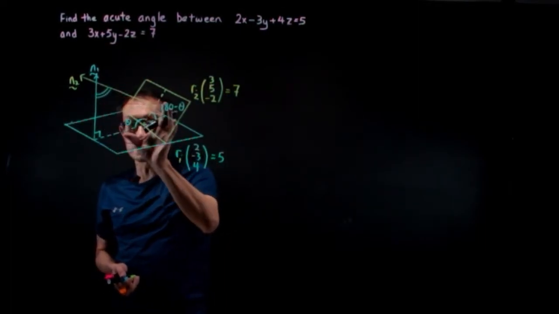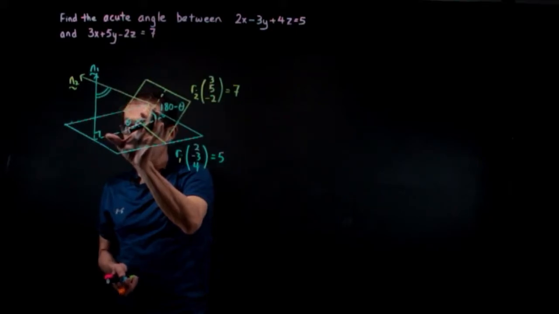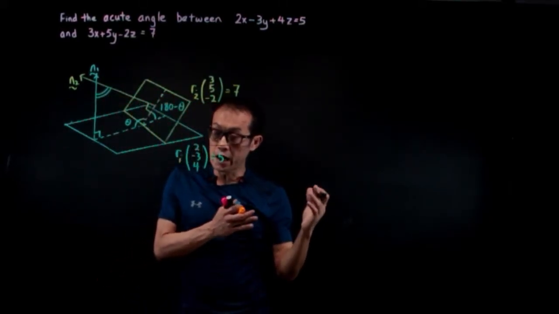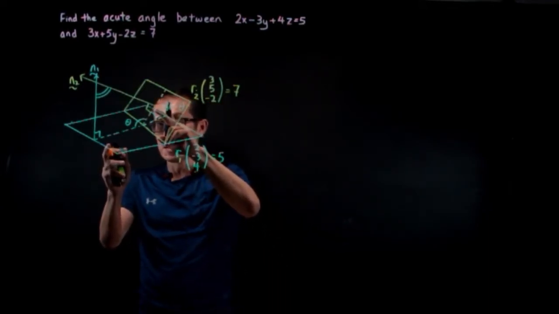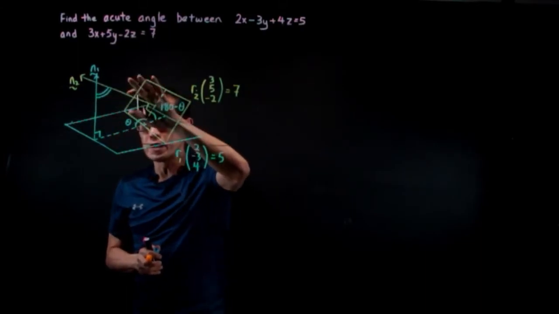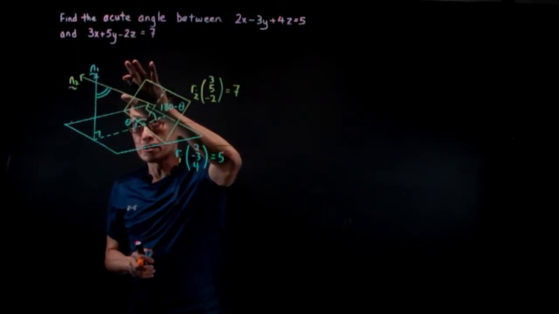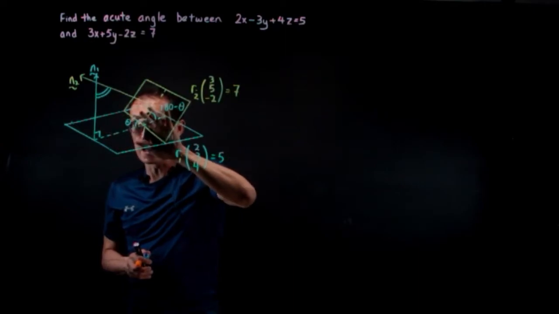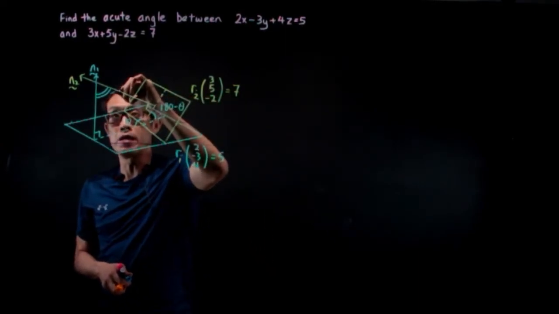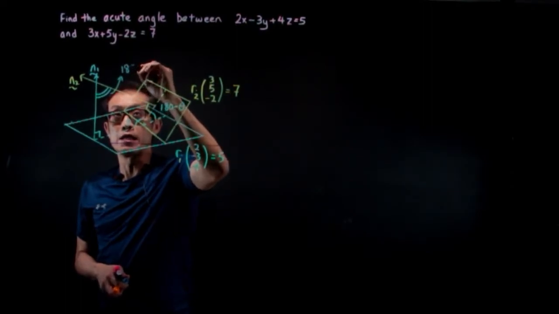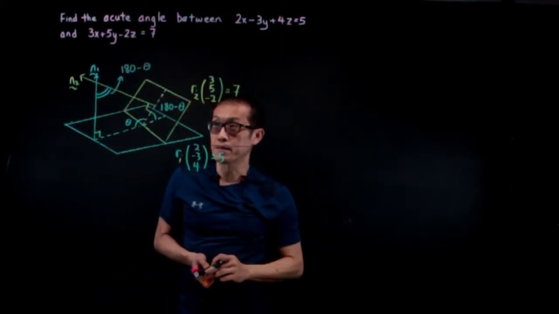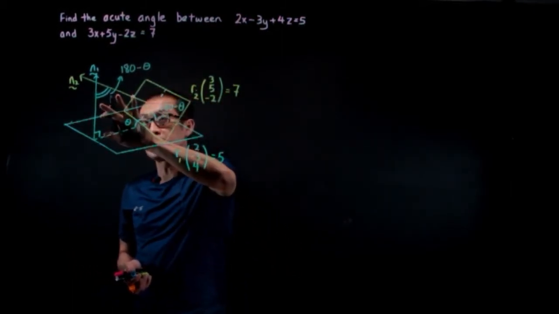Because these two are 90, and the angles in a four-sided figure add up to 360, these two angles add up to 180 and this is theta, so this angle will be 360 minus 180 minus theta, which is 180 minus theta.